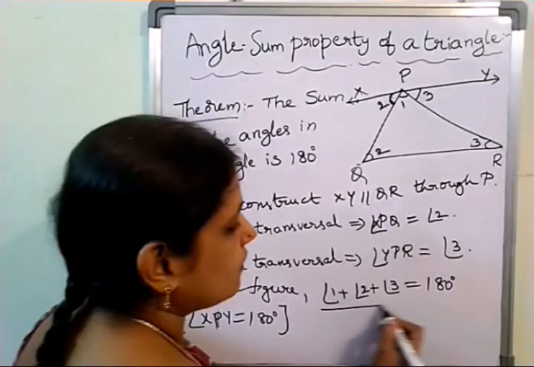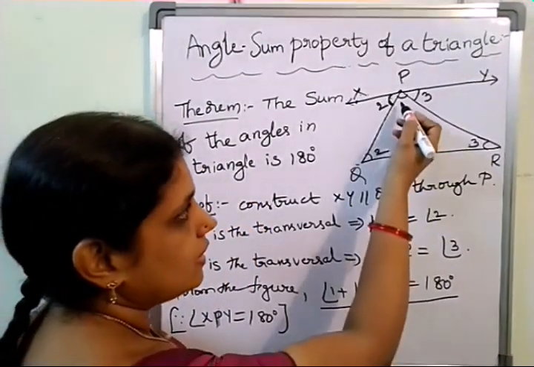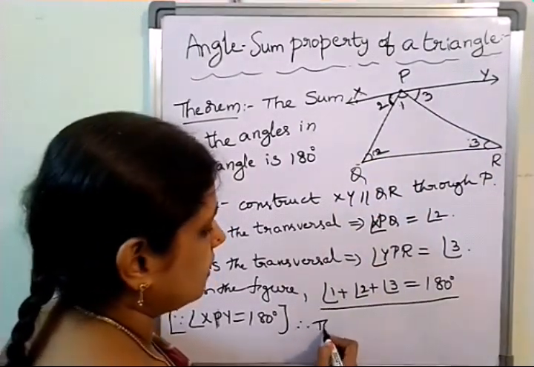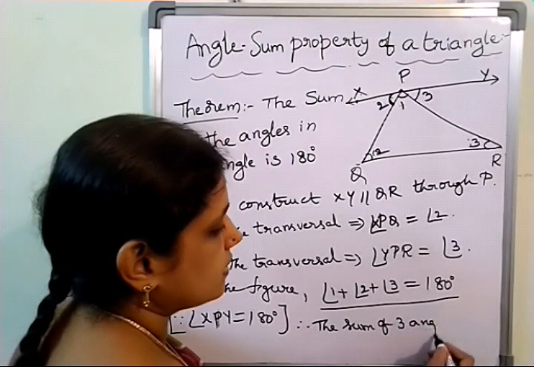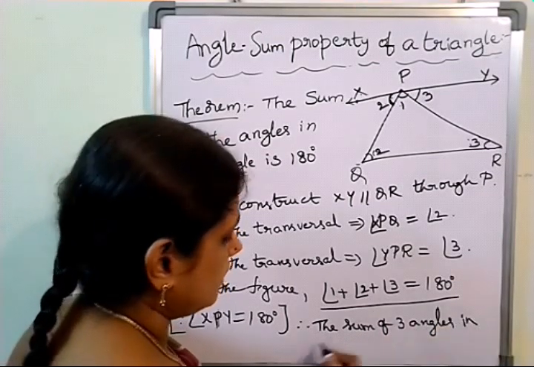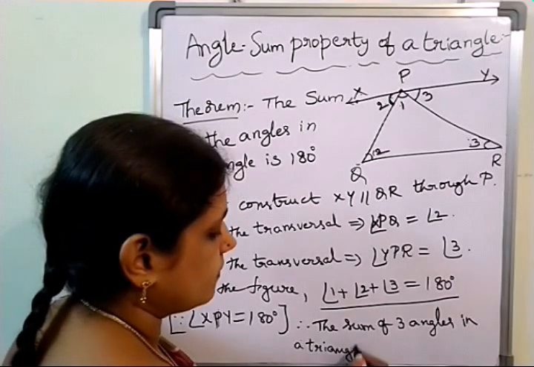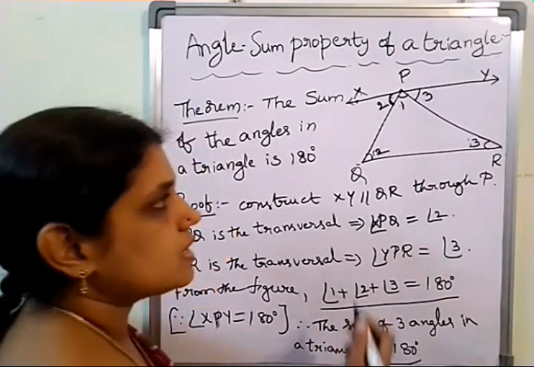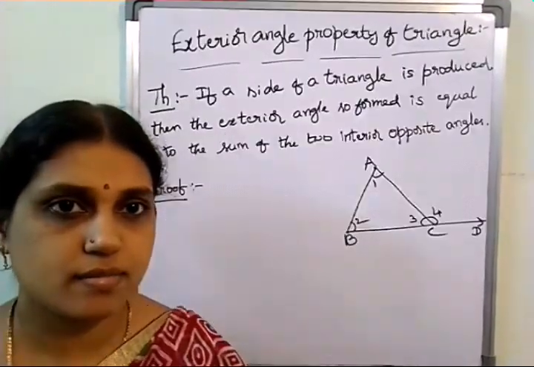Okay. So here angle 1 plus angle 2 plus angle 3 equal to 180 degrees means they are nothing but the three angles in the triangle. Therefore the sum of three angles in the triangle is 180 degrees. In this way we can prove angle sum property of triangle.